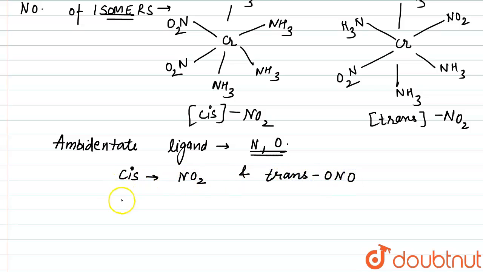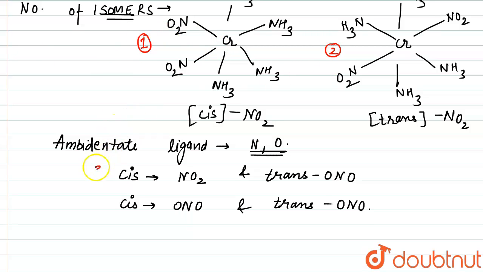Or we can say that next, cis with respect to ONO and trans with respect to ONO. So now we can say that these have 1, 2, 3, 4, 5 and 6. That is 6 isomers.